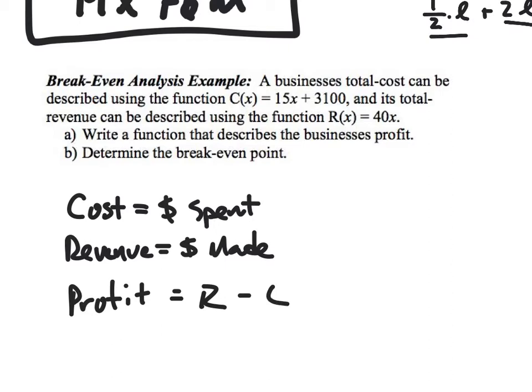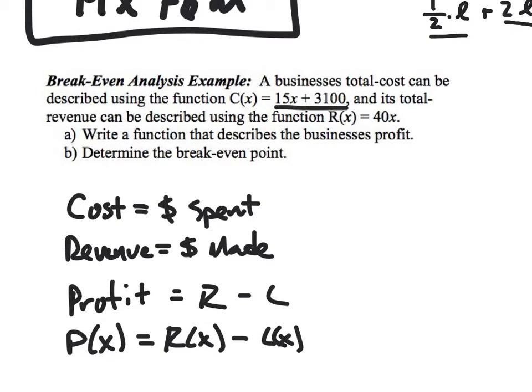Okay, so in part A, if it wants us to write a function that describes the business profit, then what we would do is take P of x, which is equal to R of x minus C of x, okay?